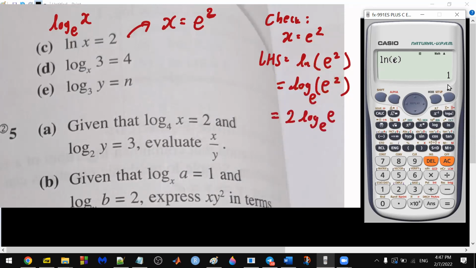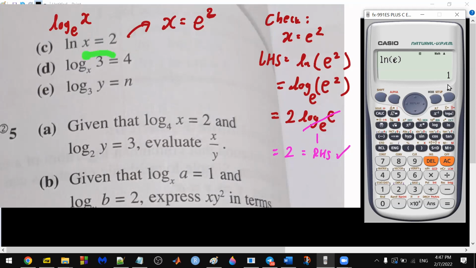They cancel off to become a 1. 2 times 1, just a 2, which is equal to your RHS. So confirm your answer is correct. You don't need to check for now. In the future, there are logarithm questions that require you to do the checking, just like your square root. All the irritating check left hand side, check right hand side. Then you need to reject some answers.